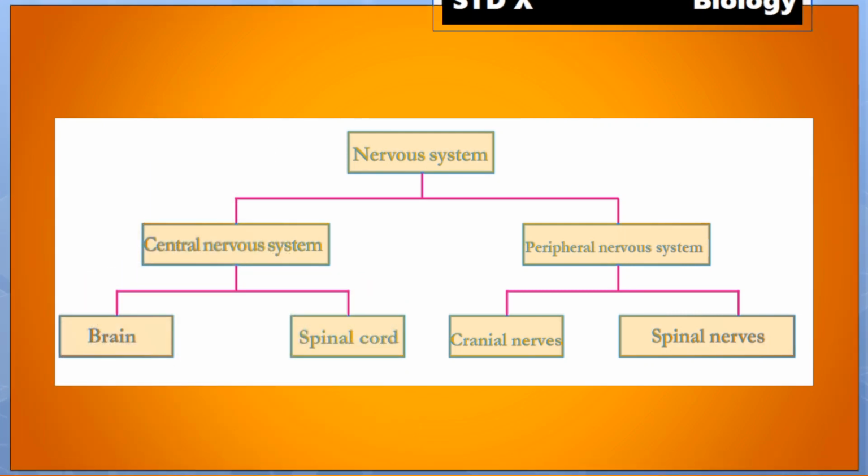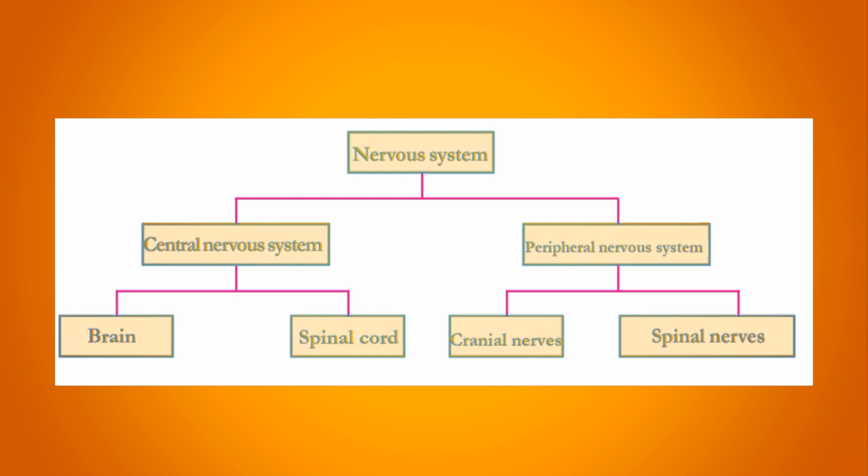So nervous system can be broadly classified into two, that is central nervous system and peripheral nervous system. Central nervous system comprises the major organs like brain and spinal cord. However, the peripheral nervous system is made up of nerves. Which are the nerves?